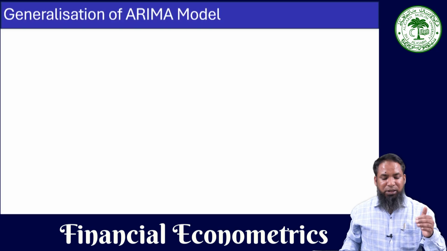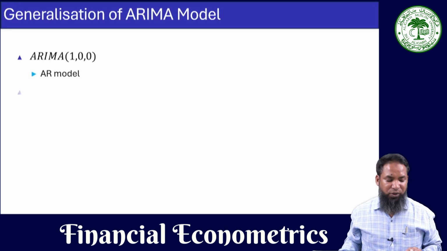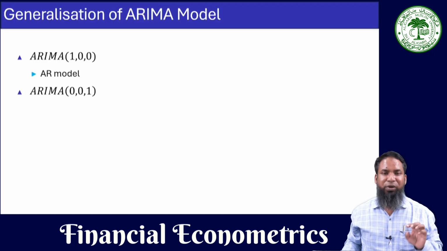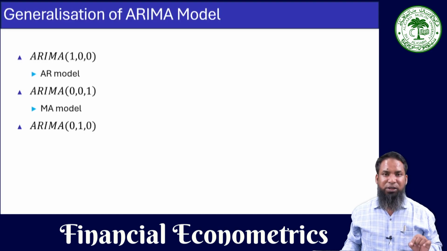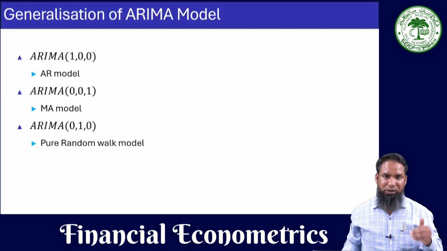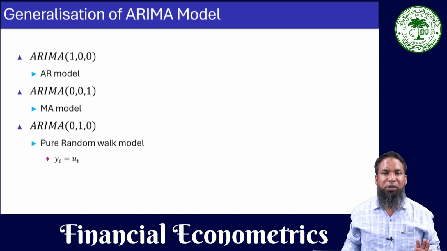We can similarly generalize this ARIMA model in this form. If ARIMA(1,0,0), that means it is an AR model of order 1. If you write ARIMA(0,0,1), it is nothing but the moving average model of order 1. If you write ARIMA(0,1,0), it is nothing but a pure random walk model, which we already discussed in the beginning of the univariate time series modeling. So here yt is nothing but ut.